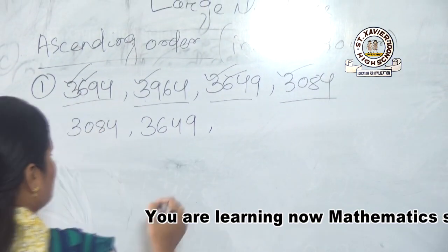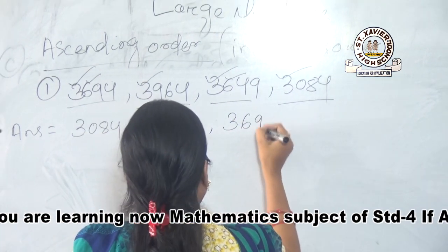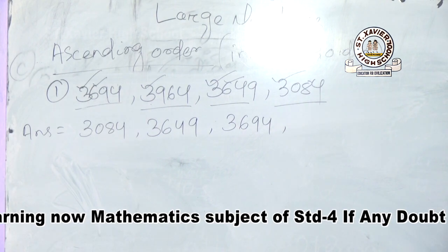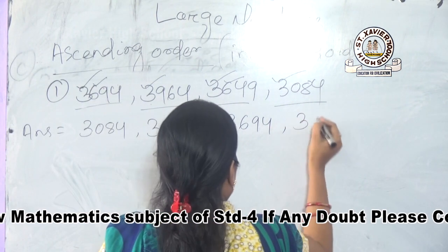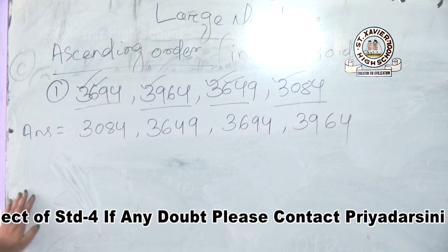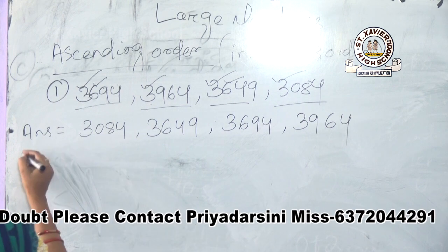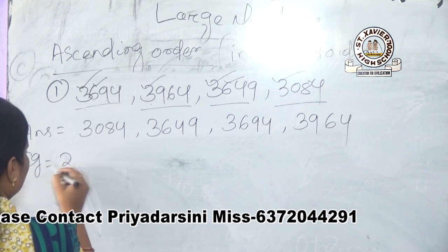Then comes 3694, and the last number is 3964. This is arranged in ascending order.